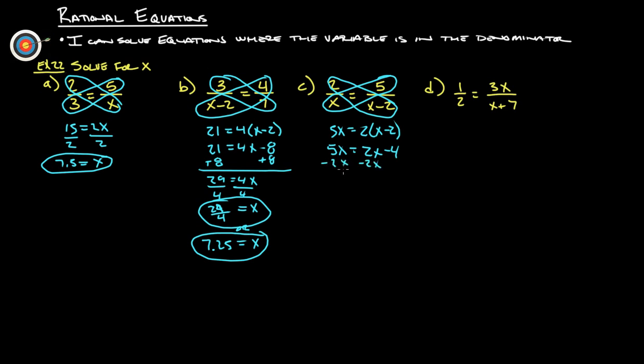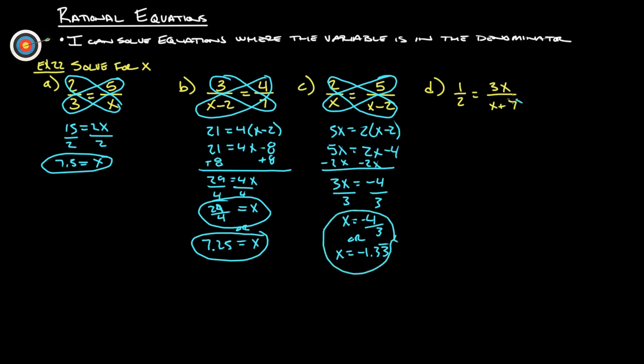Subtract 2x from both sides, and we get 3x equals negative 4. Divide both sides by 3, and we get x equals negative 4 thirds, or x is negative 1.33 repeating. Either one of those would be just fine.